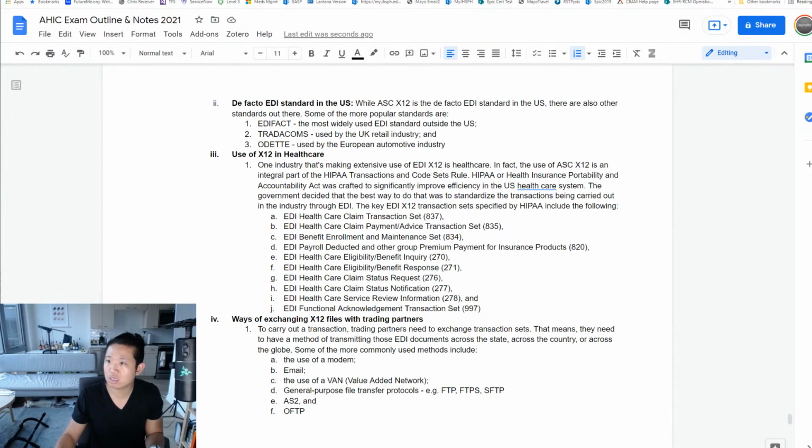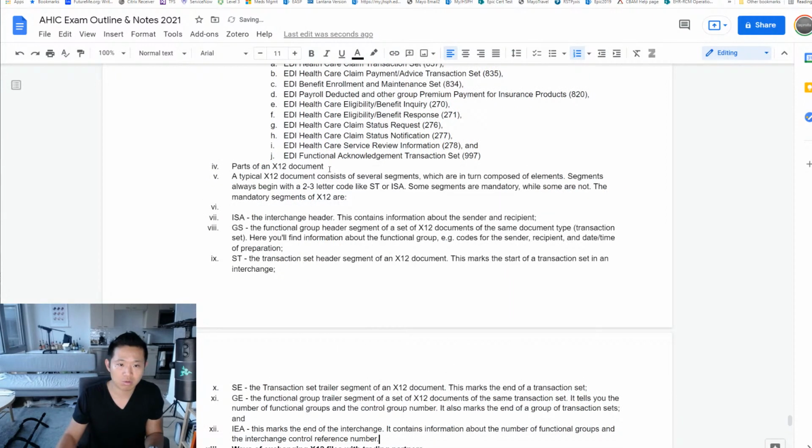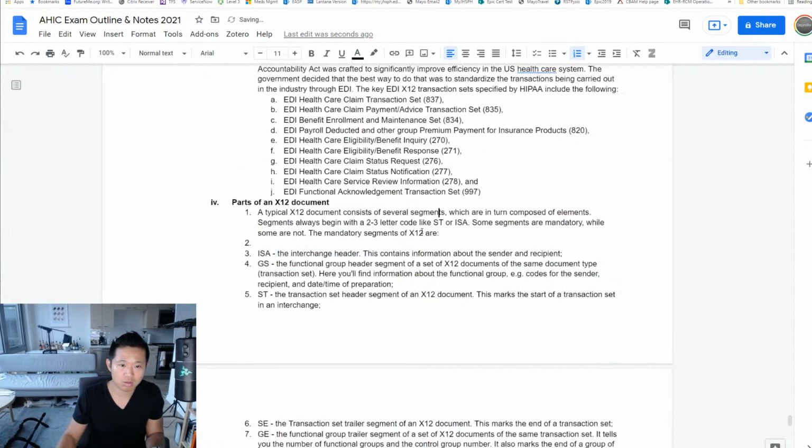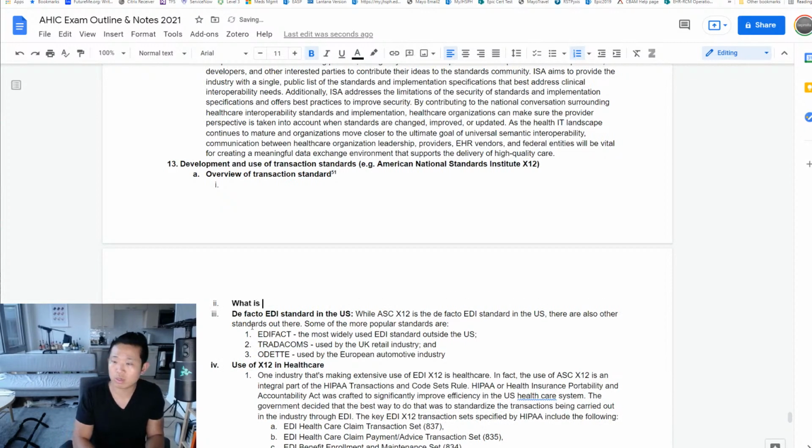I think parts from X12. Use of X12 in healthcare. Let's put that in there. Learn something new. So X12 is the primary thing for, what is X12?